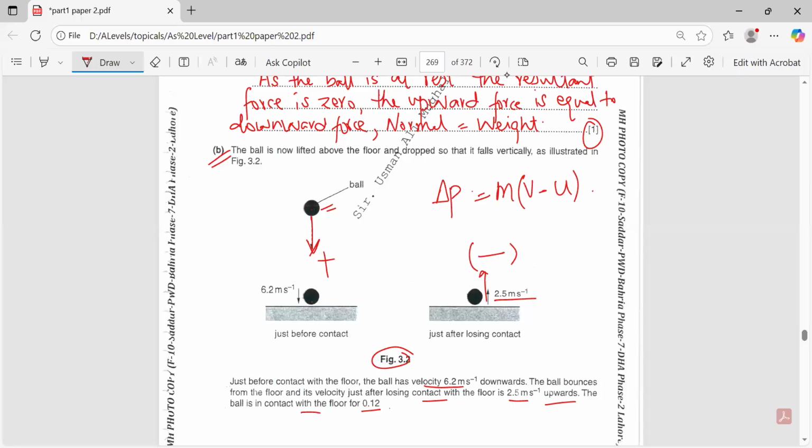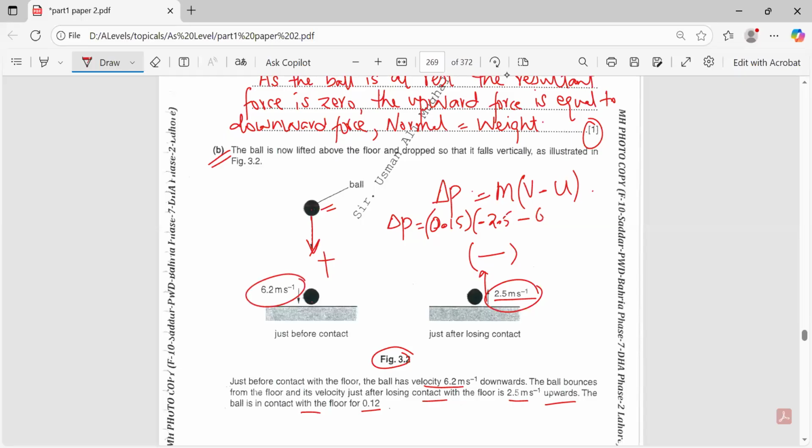So let's write it down. Change in momentum will be equal to how much? It will be equal to mass. Mass is 150 grams for this ball. So this will be equal to 0.15. And what is the final velocity? It is the velocity when it is moving upward. So this is minus 2.5 minus what is the initial velocity?